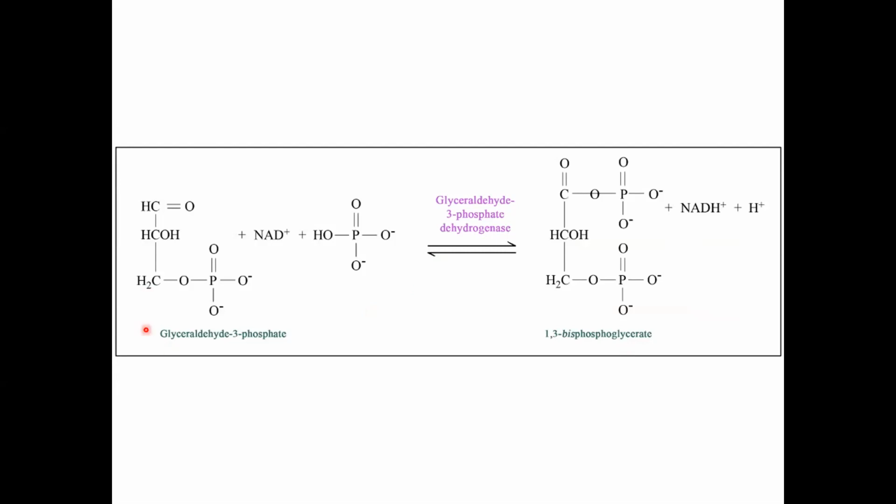So remember, we have 2 G3P molecules, so this is occurring 2 times in this reaction. So NAD goes in and it becomes NADH. And there is going to be an addition of a phosphate that occurs here.